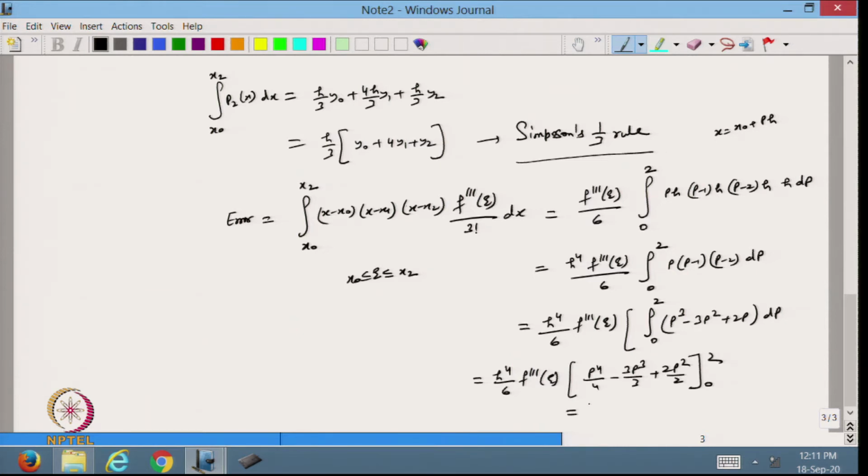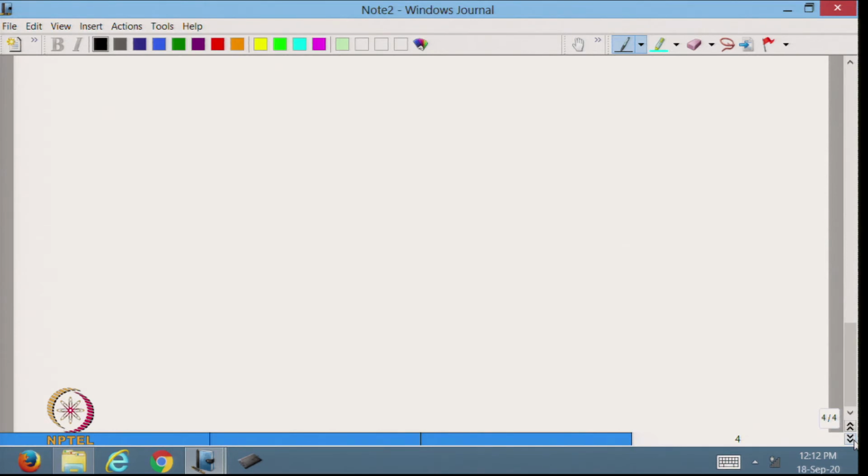And if I further simplify, it will be 16 by 4, so it is 4, minus 8, where this 3 will cancel out, plus 4, where this 2 will cancel out, and that is 0. So, in this case if you see, the error is coming 0.